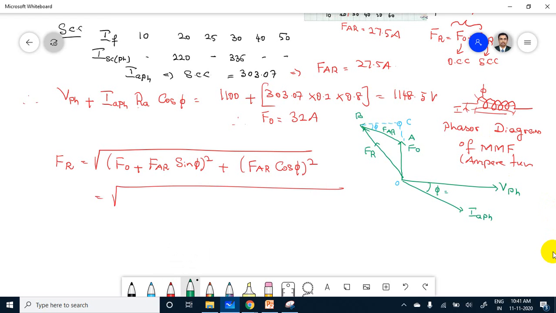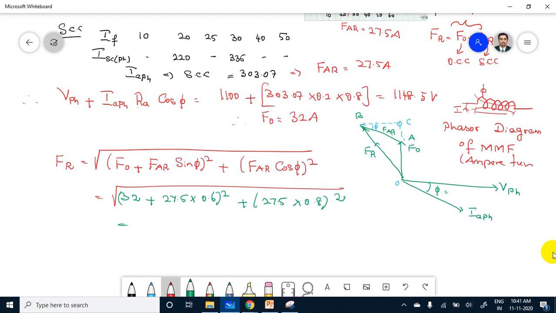Students, how much F naught did we get? 32. Okay, 32 plus FAR, it is 27.5 into sin phi. Because the power factor cos phi equals 0.8, sin phi is 0.6, whole squared, plus FAR 27.5 into cos phi, which is 0.8. Now tell me the answer.